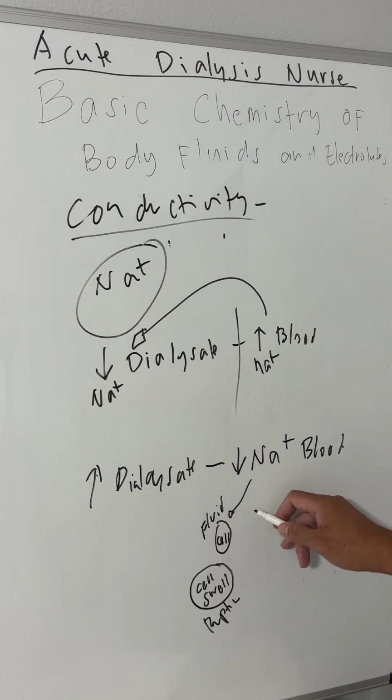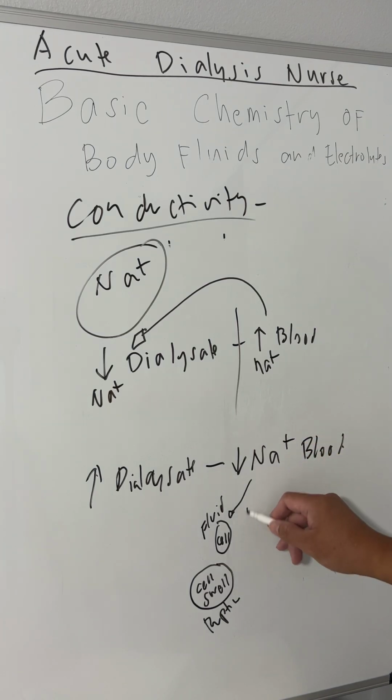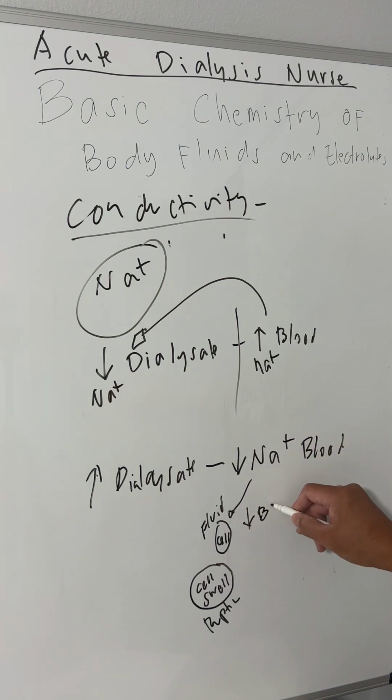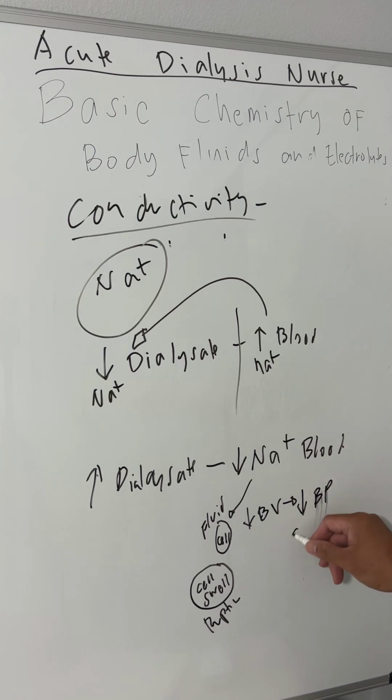If you have low sodium in the blood, because the fluid was pushed into the cells, you have low blood volume. Low blood volume leads to hypotension, so low BP. So cramps and hemolysis from rupture.